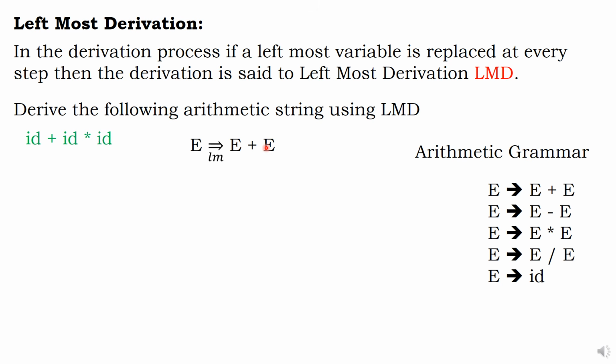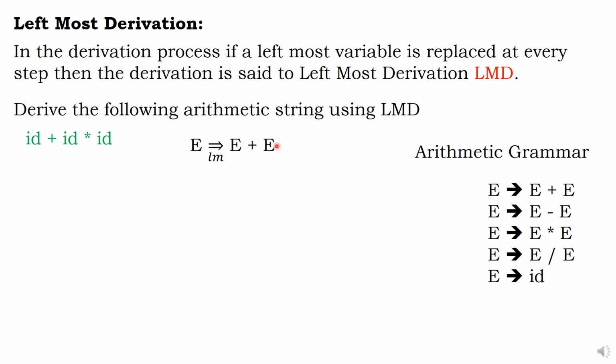Replace E by E star E. No, not allowed. What is it that I mentioned? LM. What is LM? Leftmost derivation. What is leftmost? There is one variable, there is another variable. You should prefer the leftmost variable only. In the derivation process, if the leftmost variable is replaced, at every step hereafter you should give concentration to the left and then the right.